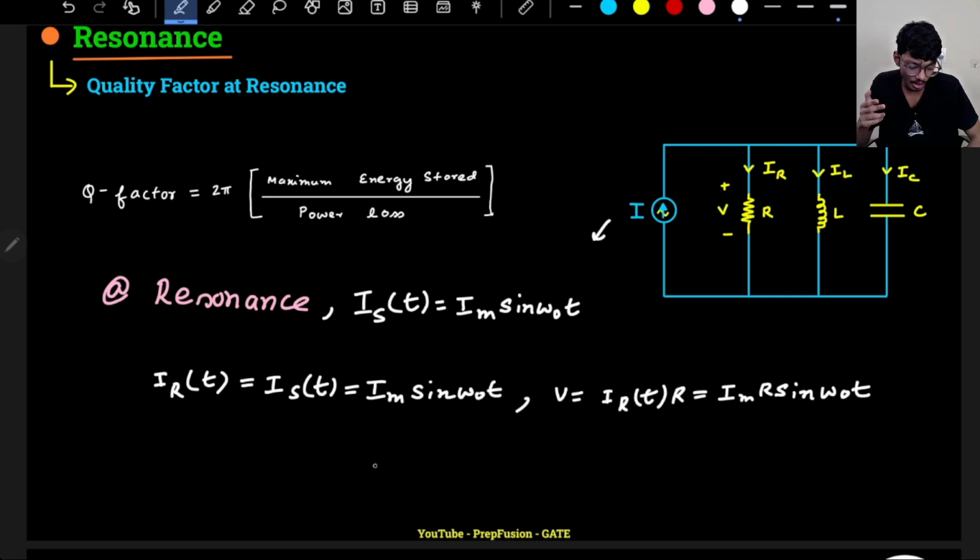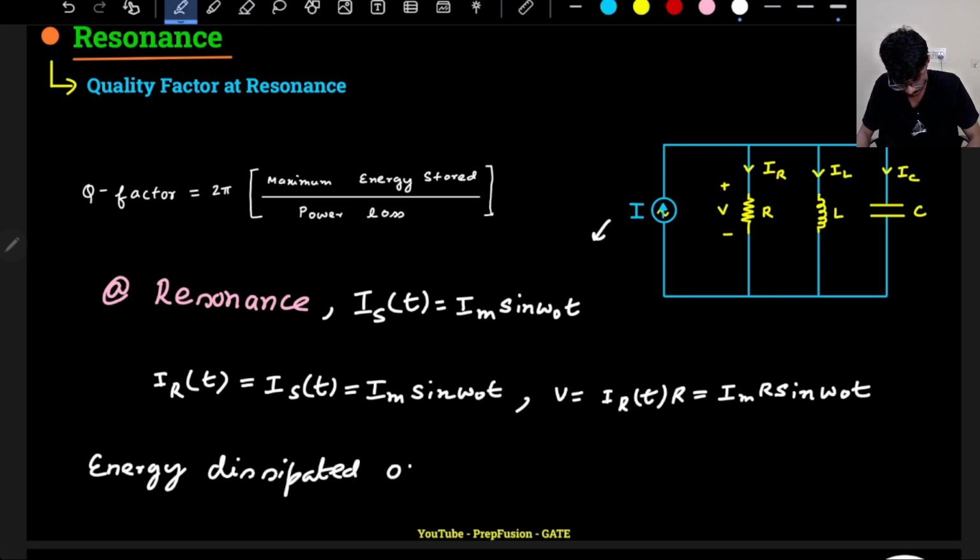Now what is the power dissipated across a resistor over a cycle? The energy dissipated over a cycle will be the integration of P of t dt from 0 to 2 pi.